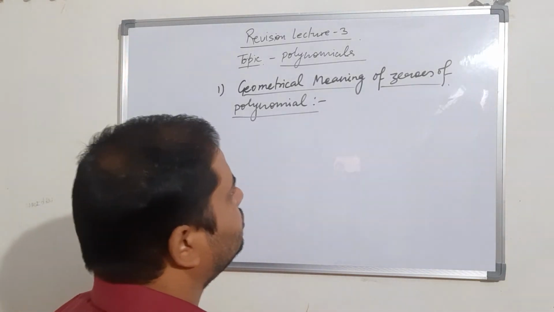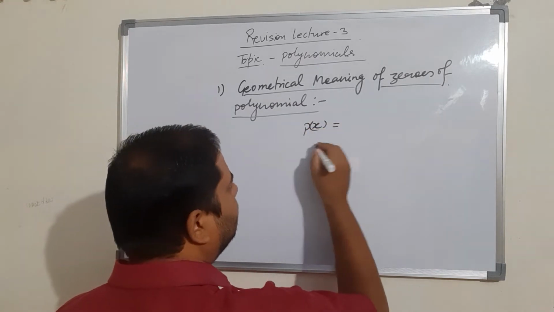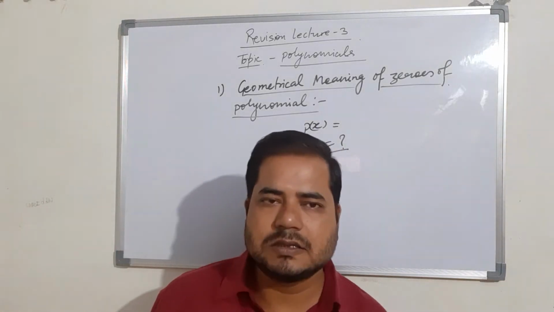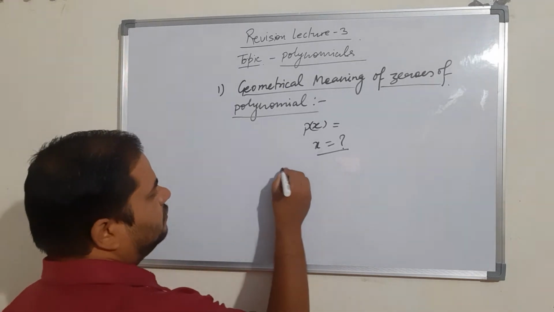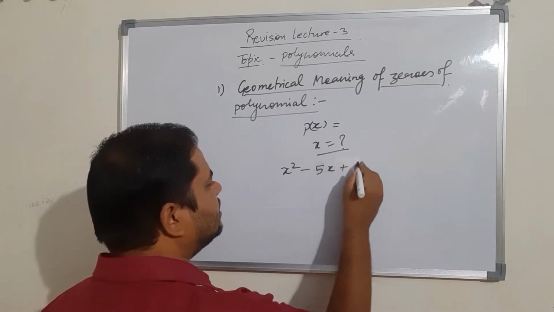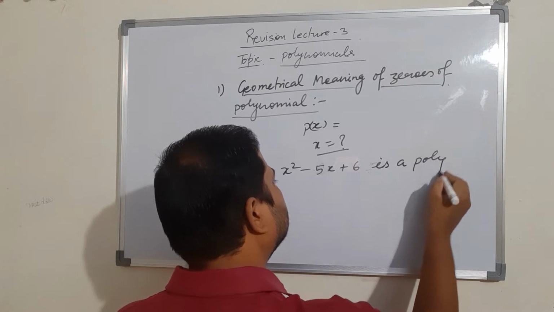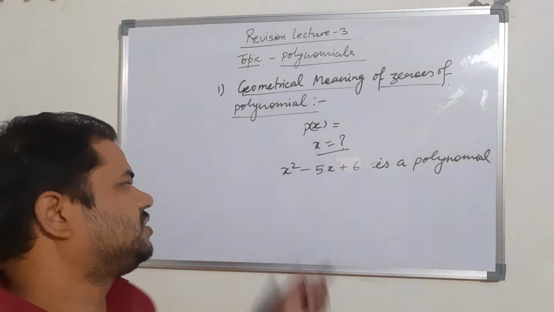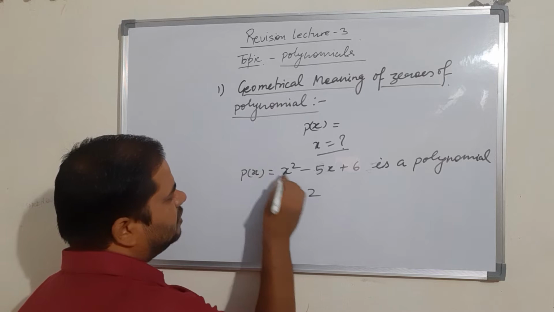You know very well what the zeros of a polynomial are. If p(x) is a polynomial, then the value of x which satisfies the polynomial is defined as the zero of the polynomial. Suppose x square minus 5x plus 6 is a polynomial. Then what values satisfy this polynomial? Suppose x is equal to 2. This is p(x), x equal to 2.